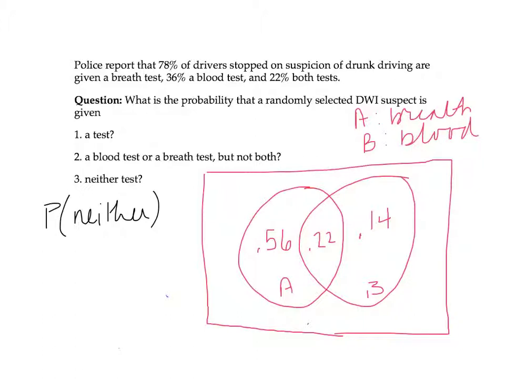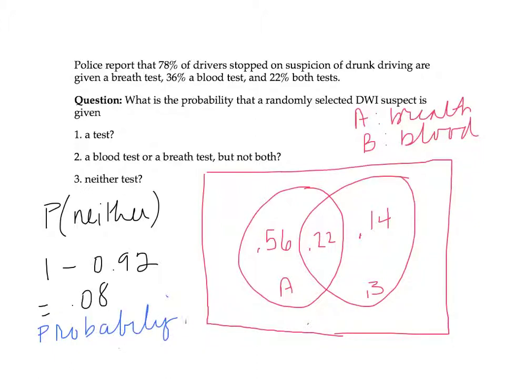Okay? So that would be equal to 1 minus 0.92. And that equals 0.08. So the probability of getting neither test is 8%.